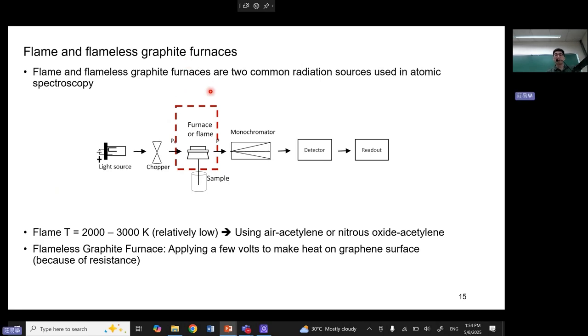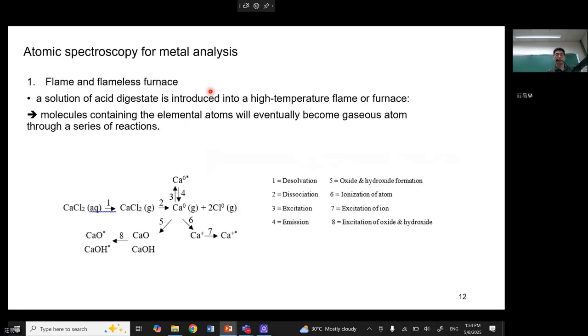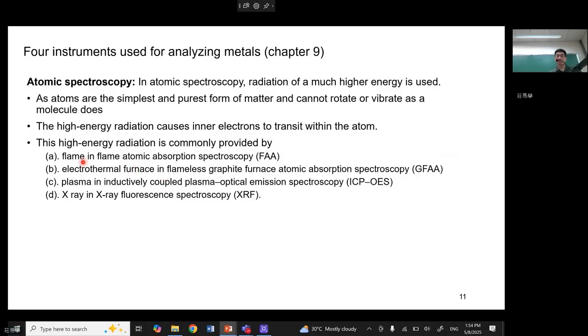So remember, GFAA means graphite furnace atomic absorption spectrometry. So the heat source or the energy source here is the graphite furnace.